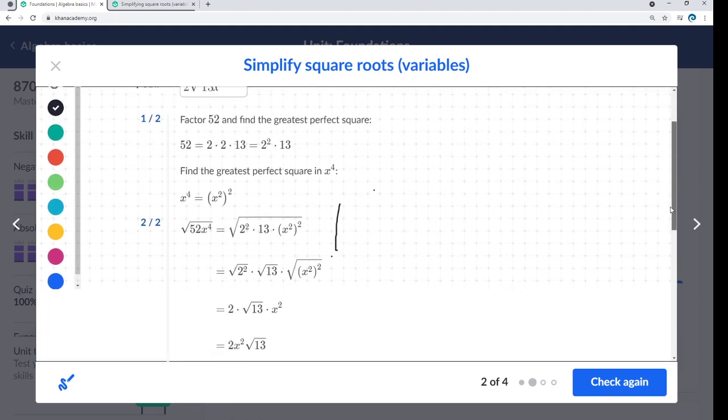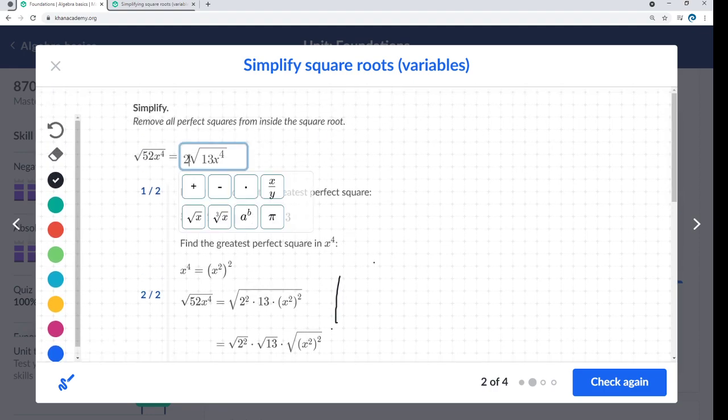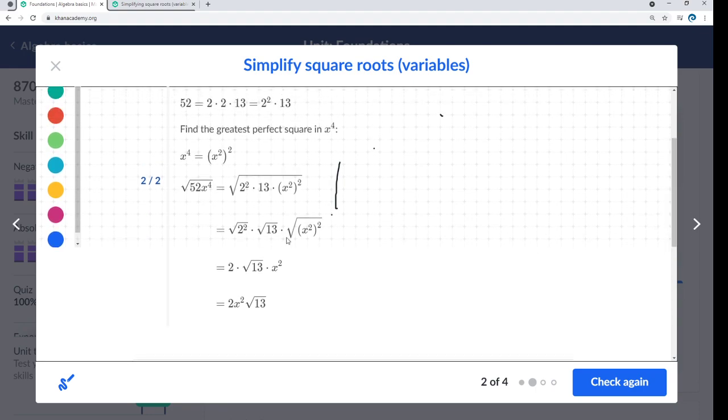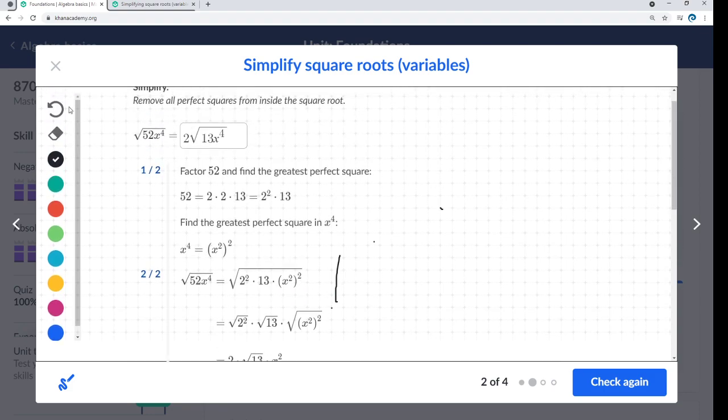Well, I'll just try again. Let me make sure that I understand this. So just as we did before, you break it down and you have x times x times x times x, right?